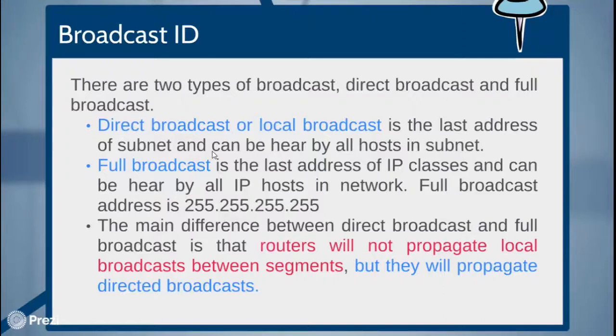So if everyone hears the broadcast, that is what you call a full broadcast. The main difference between direct broadcast and full is that routers will not propagate local broadcasts between subnets, but they will propagate directed broadcasts. Okay?